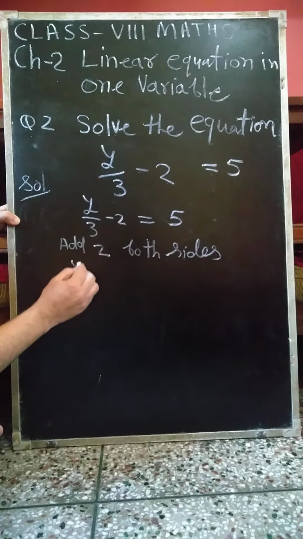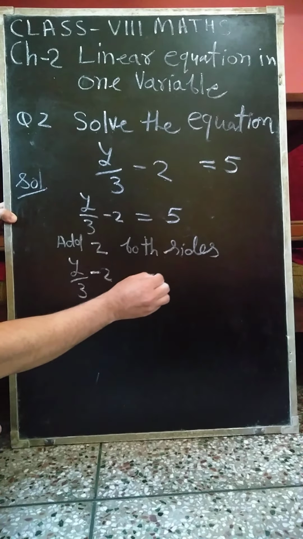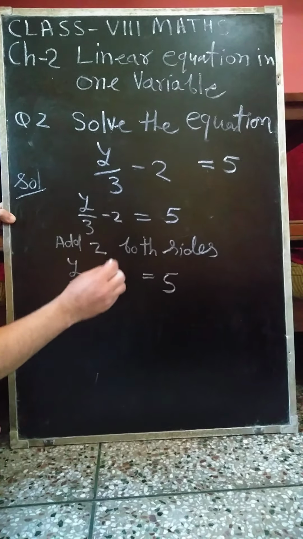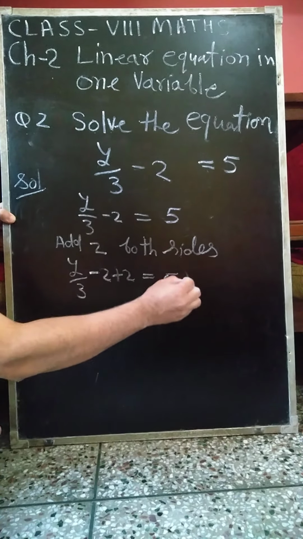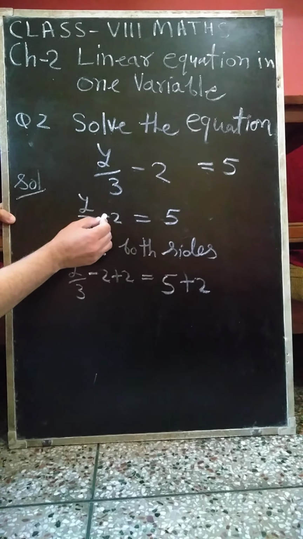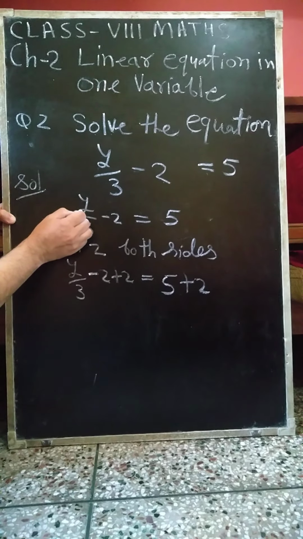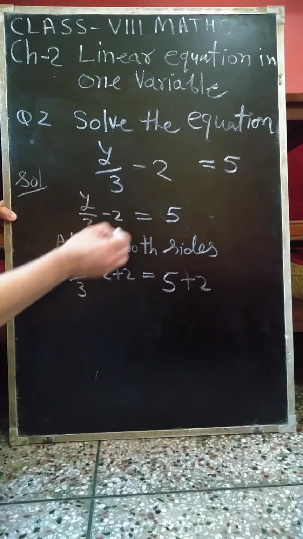You will get y upon 3 minus 2 equal to 5, so plus 2 plus 2, because 2 is in subtraction with the variable, so we add 2 on both sides.